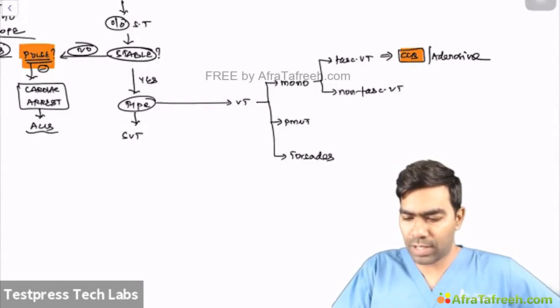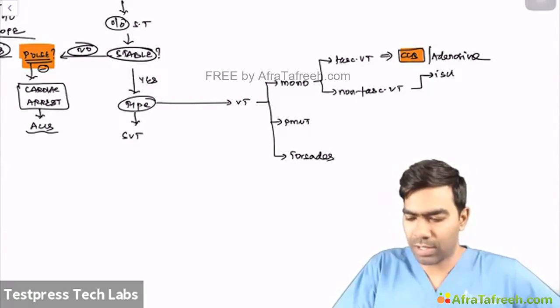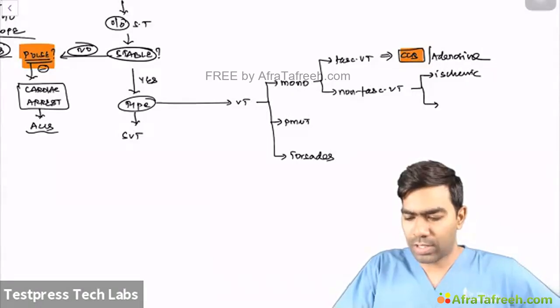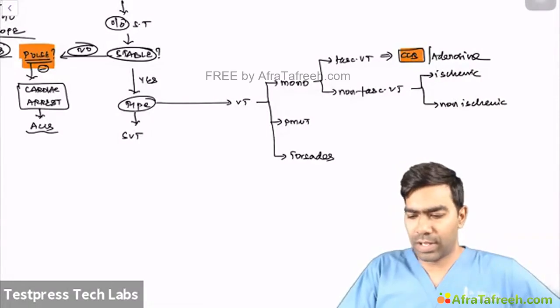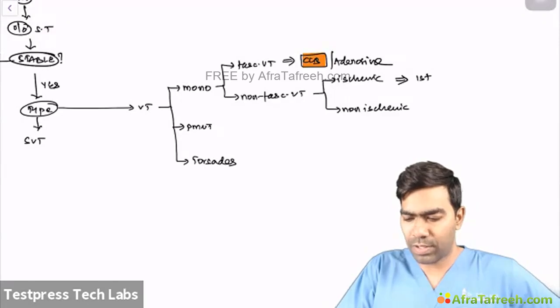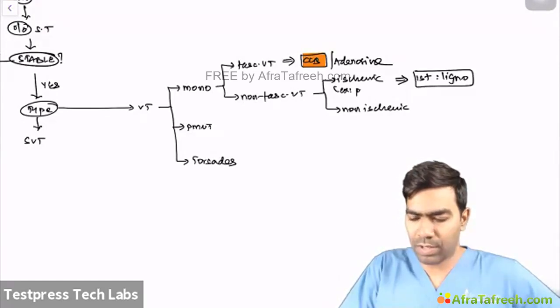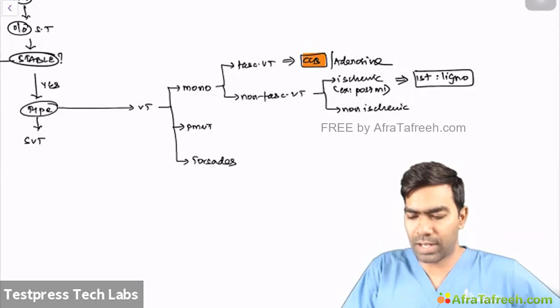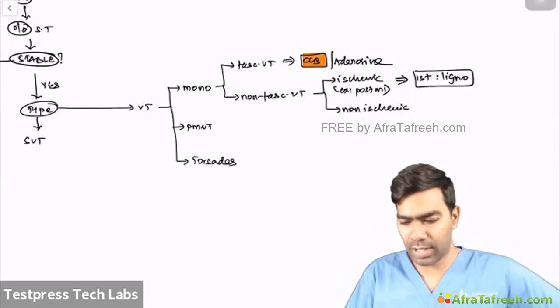Whenever you have a non-fascicular VT, see whether it is an ischemic or a non-ischemic VT. If it's an ischemic VT, then my first preference will be lignocaine. For example, if the examiner gives you a post-MI related VT, my first preference will be lignocaine in this setting.